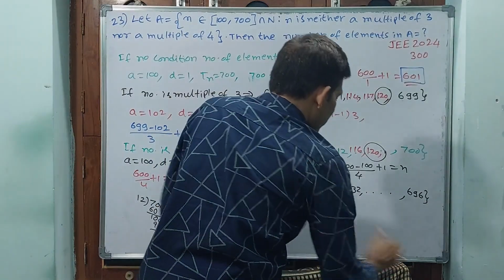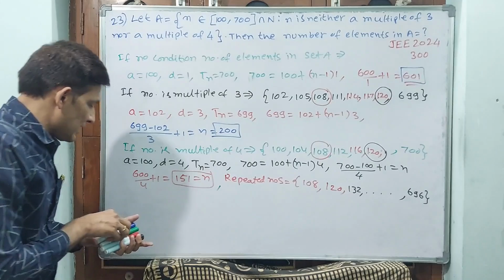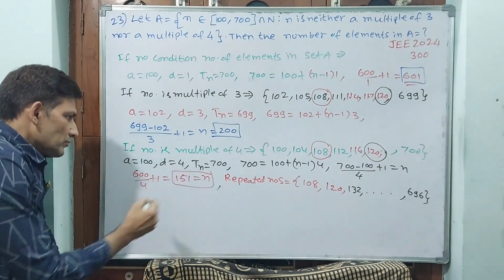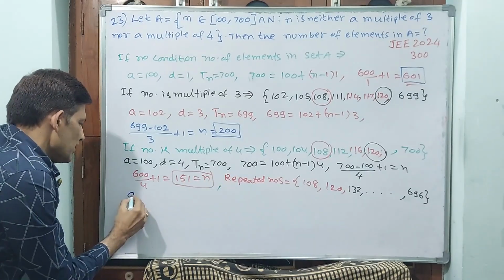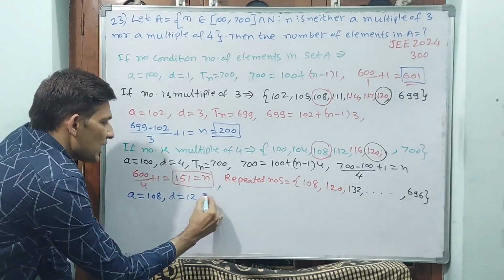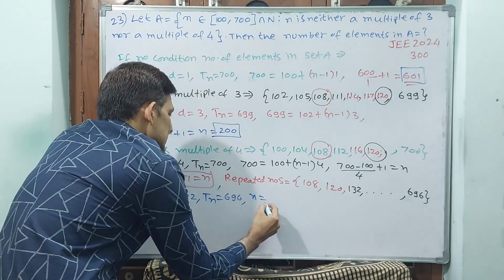The last number is very important for us. Why? Because we have to calculate this n also. Now we calculate that n. See, for the third one, A will be 108, D will be 12, and Tn will be 696. Then what about n here?